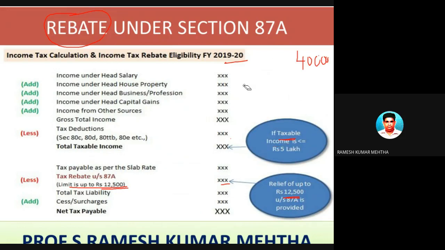So let's see how much tax he has to pay. I told you the tax slabs, assuming this person is an assessee whose age is less than 60 years. So 0 to 2.5 lakhs, it is nil. Already I told you it is nil.